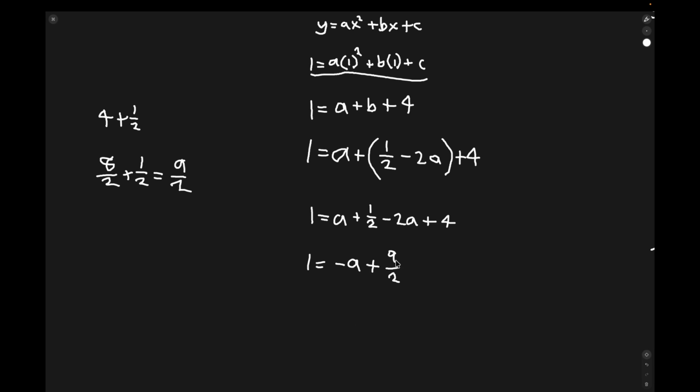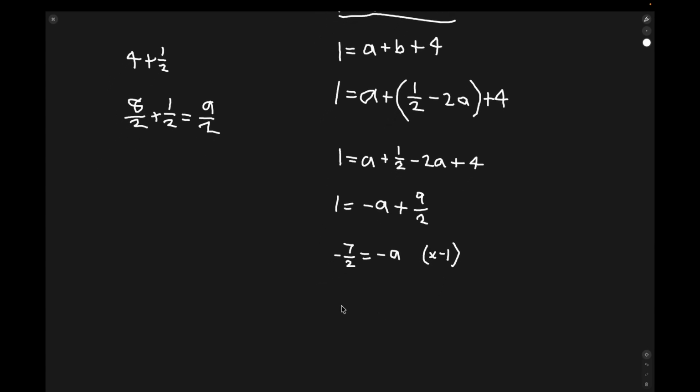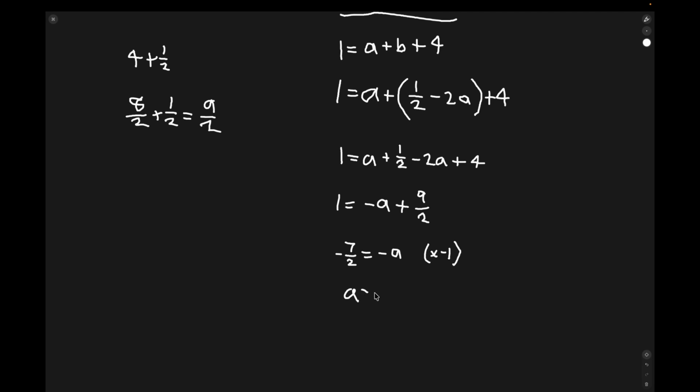Now we're going to minus 9 on 2 from both sides, so we get negative 7 on 2 is equal to negative a. If we times both sides by negative 1, we get a is equal to 7 on 2.